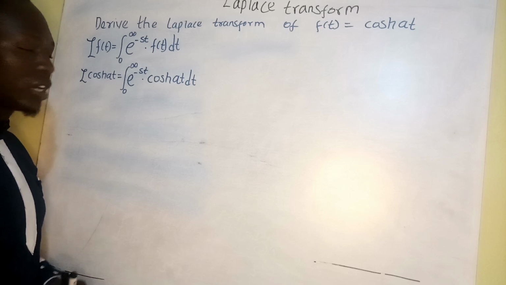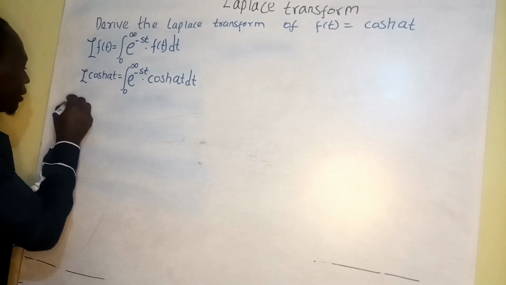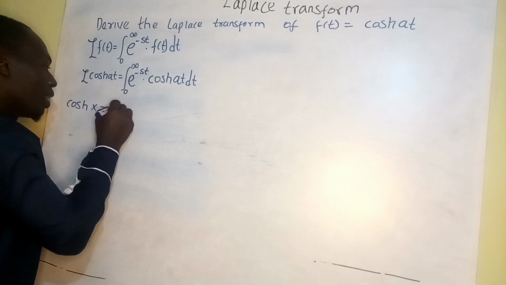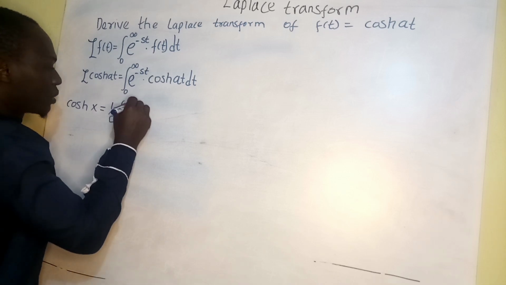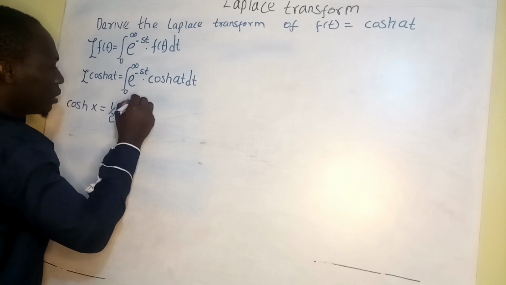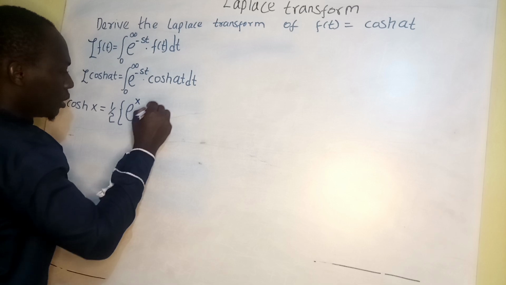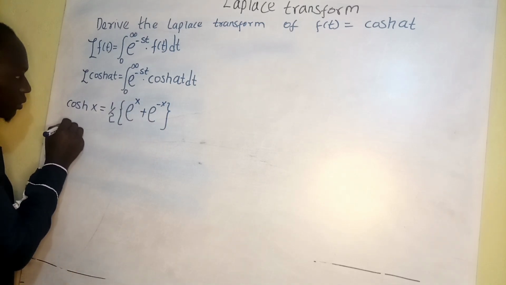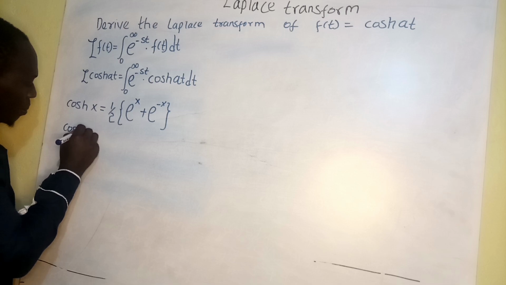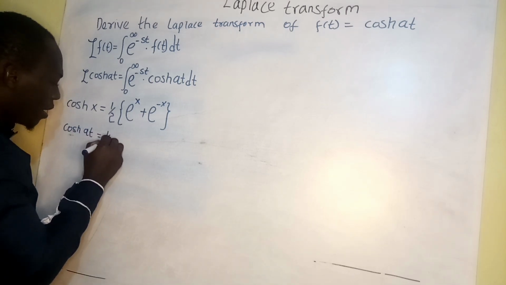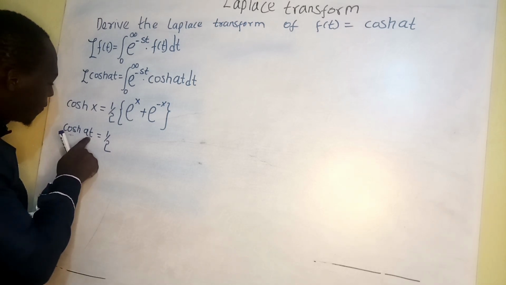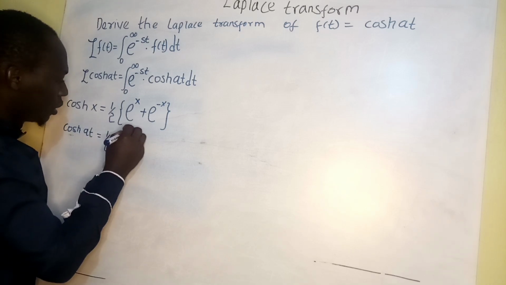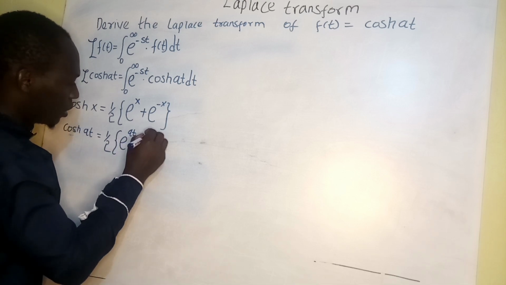By changing cosh at into an exponential, we understand that cosh x is always equal to a half multiplied by exponential x added to exponential negative of x, which means that cosh at is going to be equal to a half, where we replace our term x with at, so we have exponential at added to exponential negative of at.